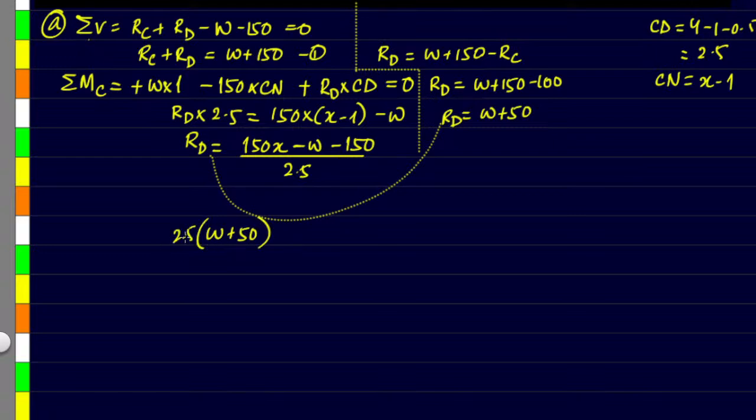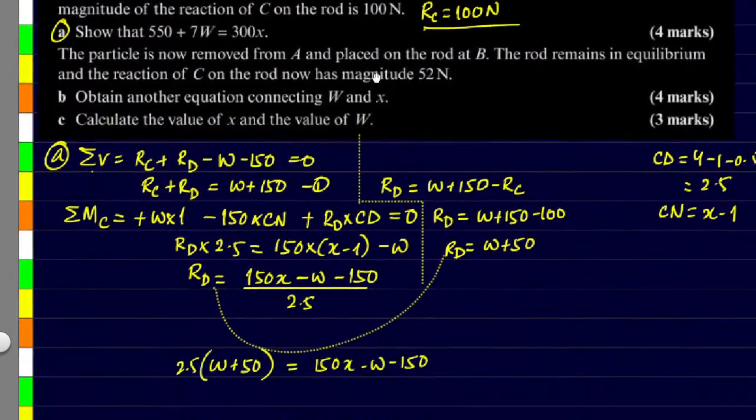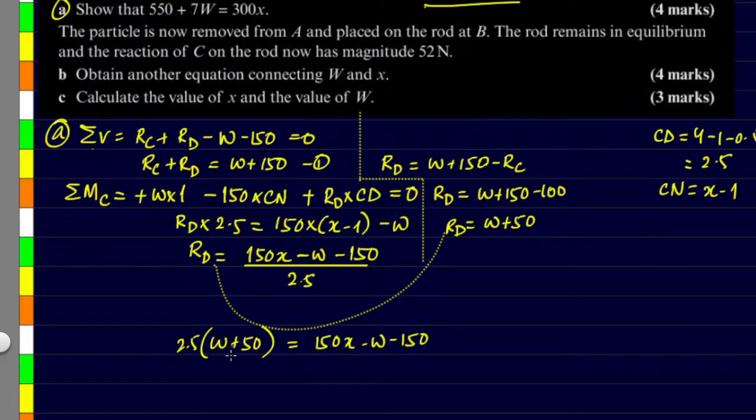2.5, let us keep it the same way, then equal to 150x minus W minus 150. So writing the equation in simple format, open the brackets. So 2.5 W plus 2.5 into 50.